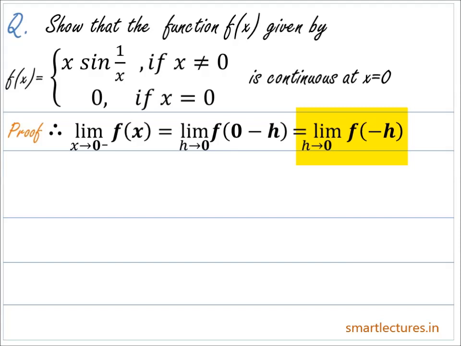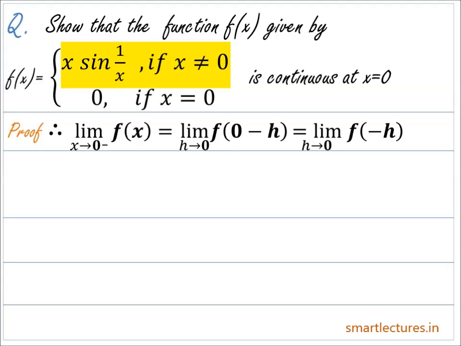Now putting the value of minus h in the function, as you can see, if x is not equal to 0, then the value of f of x is equal to x into sine of 1 upon x.